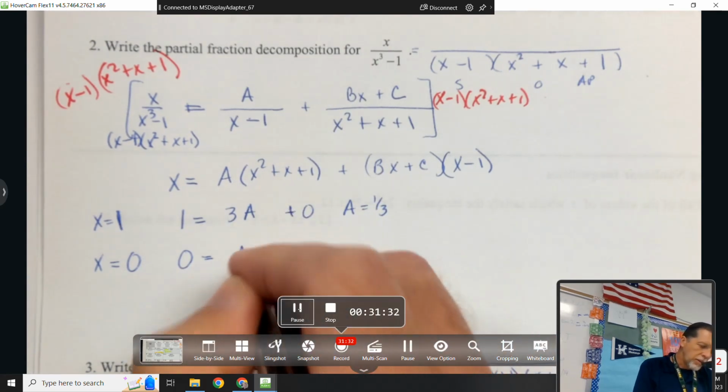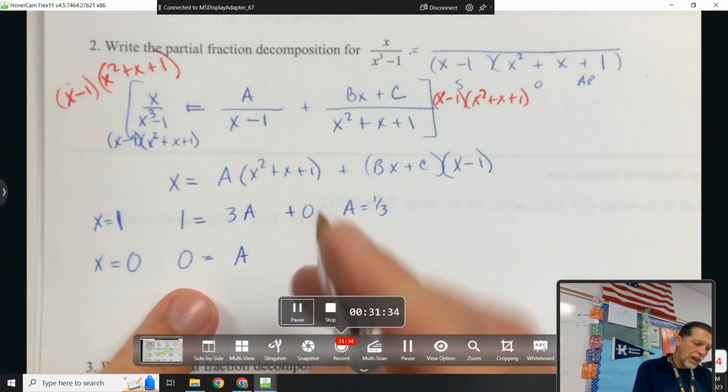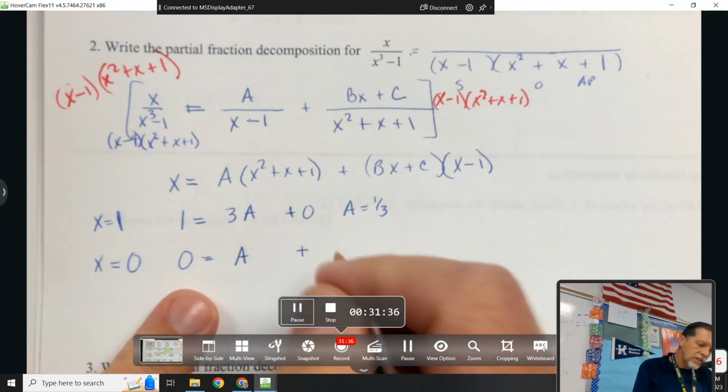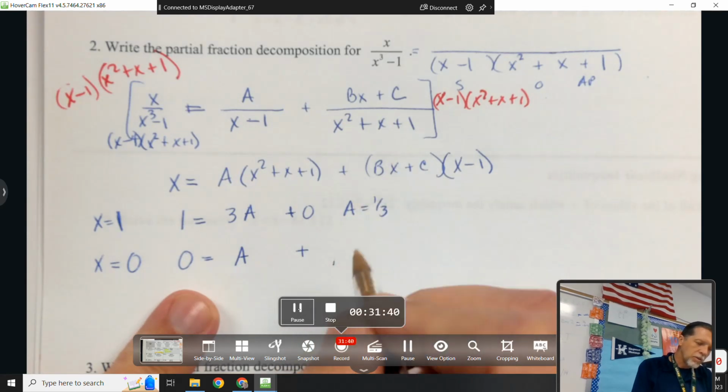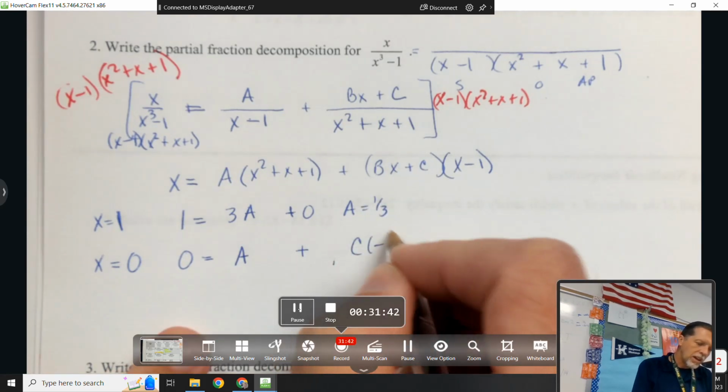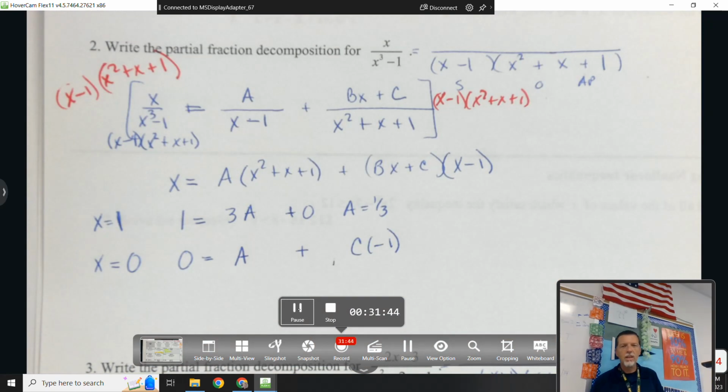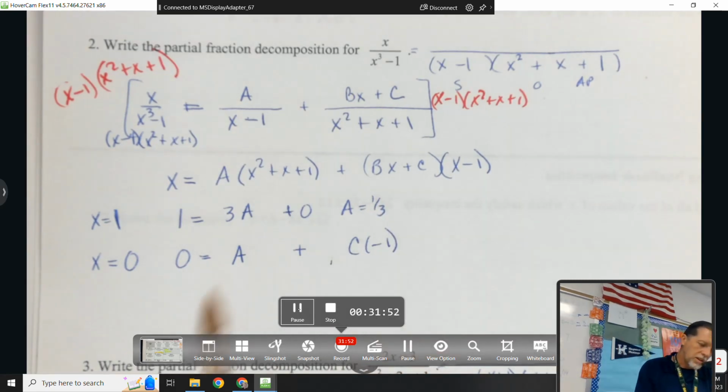So if I'm plugging in 0, I get 1a plus, let's see, the b term goes away, c times negative 1. Oh, I just thought I was going to have a system of equations, but the 0 wiped out the b, so I'm good there.